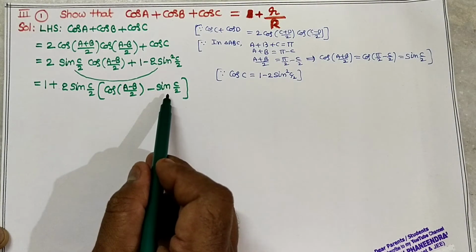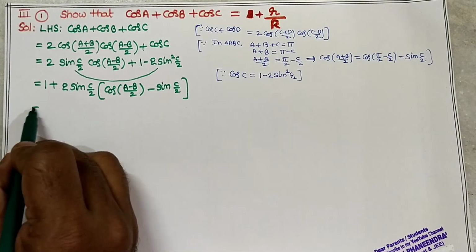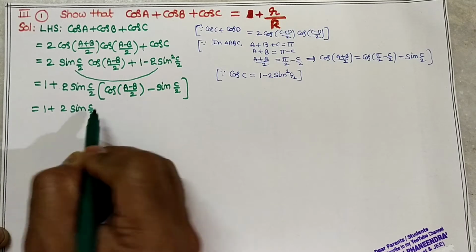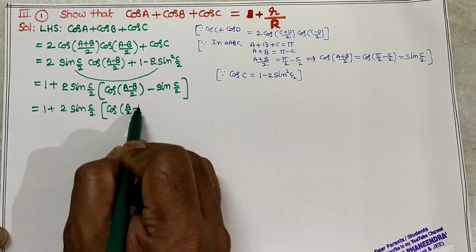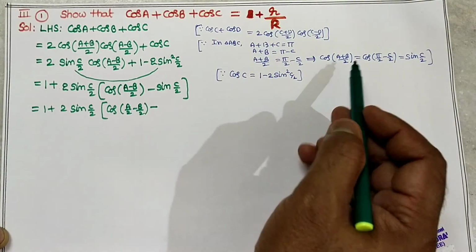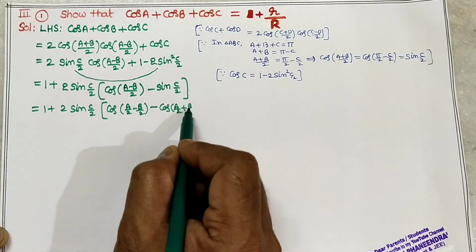Again, in place of sin C by 2 you have to replace with cos of (A plus B) by 2. So it is equal to 1 plus 2 sin C by 2 into cos of (A by 2 minus B by 2) minus cos of (A by 2 plus B by 2).